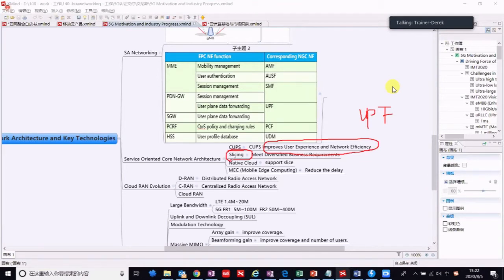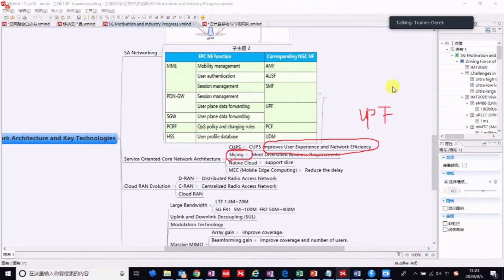We can, depending on the user or customer's requirements, cut the physical network into multiple slices, like slice 1 for eMBB. If we want to broadcast in HD, we just need an eMBB service, so we can configure the slice to support eMBB. I need the big bandwidth.